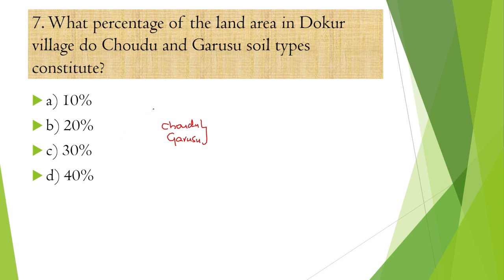In the previous question, we discussed that red soil is 50 percent, and black soil covers nearly 20 percent. Now you can find the answer easily. The percentage of Chaudu and Garisu is 30 percent. This is the way it covers 100 percent of the soil.